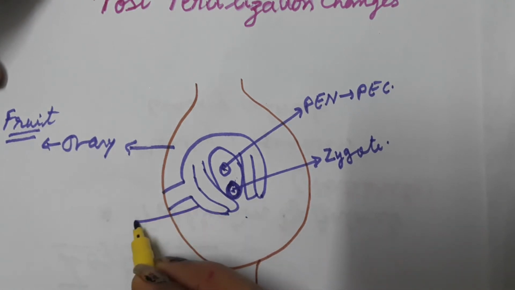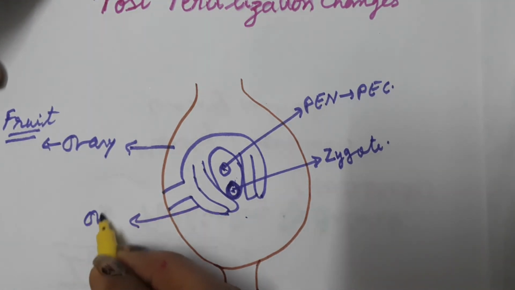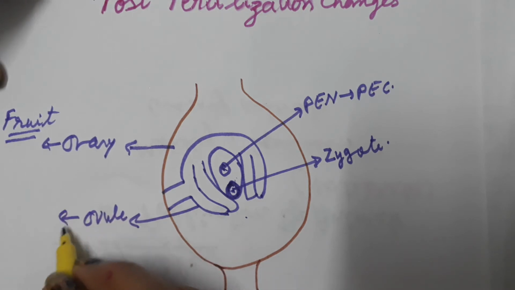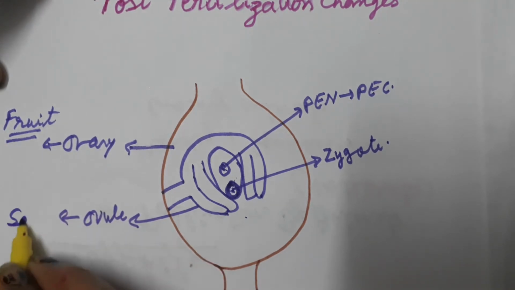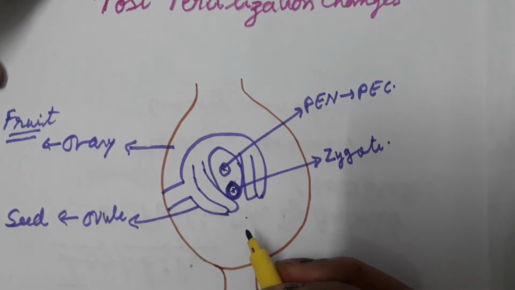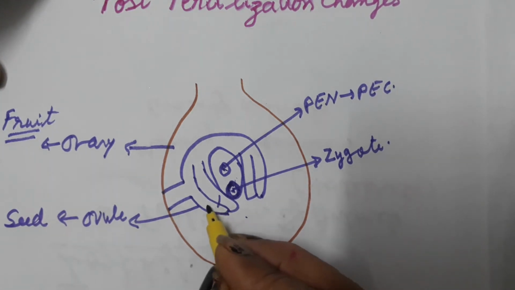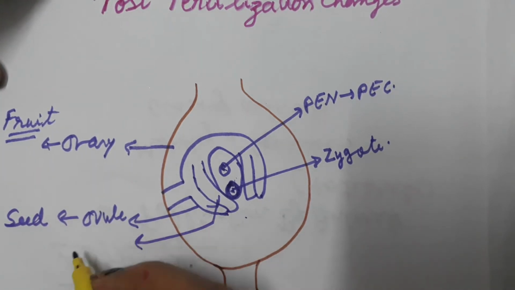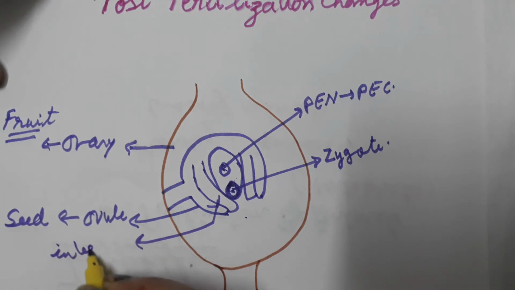This is the ovule. Ovule changes into a seed-like structure. These are the two integuments. They change into the seed coat.